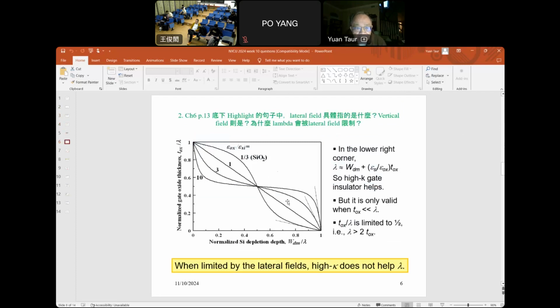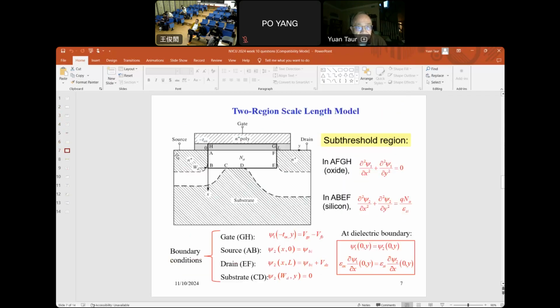Refer to this chart, the bottom line comment here: when limited by lateral fields, IK does not help. Okay. But first of all, what is lateral field? Lateral field refers to, in this case, we consider this interface, dielectric boundary.